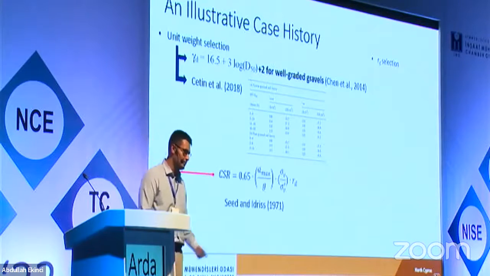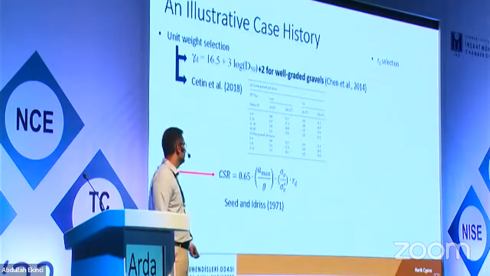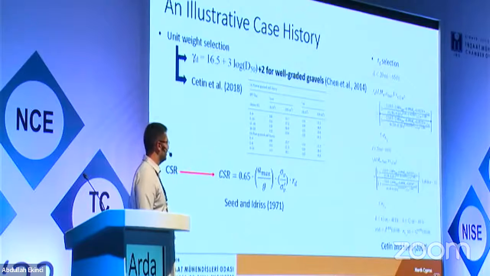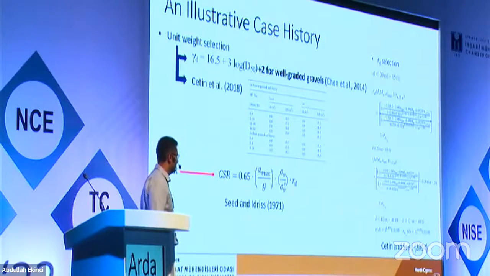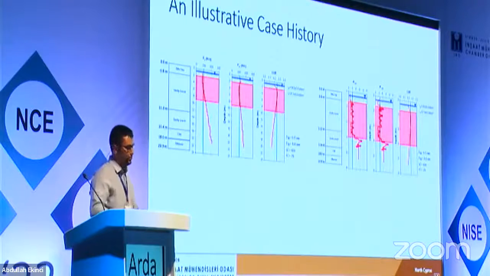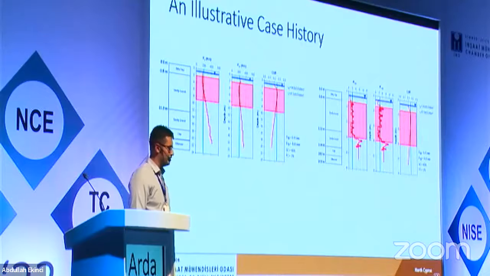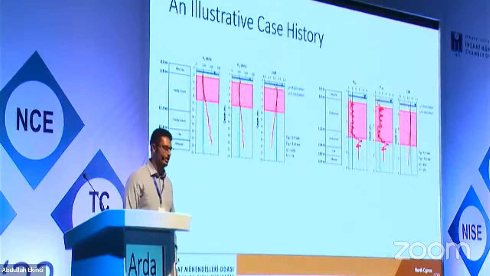For CSR, I used the simplified procedure proposed by Seed and colleagues, and for rd selection, I used the equations proposed by Çetin and colleagues, 2004. After that, I selected my critical layer for this site. There are some important parameters that we should follow while selecting the critical layer.